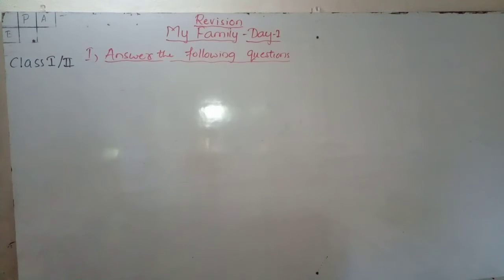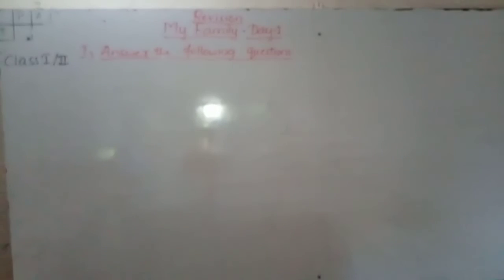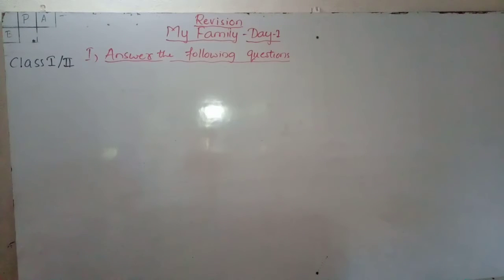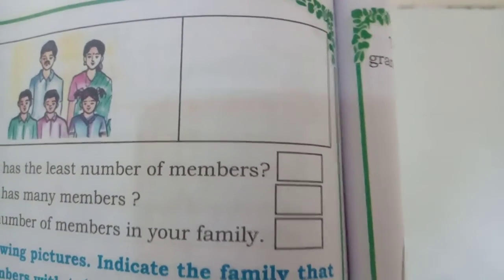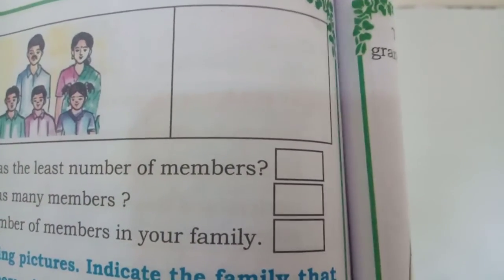Family 2, where only 3 members are there. So you can write family 2 in the column for the least number of members.